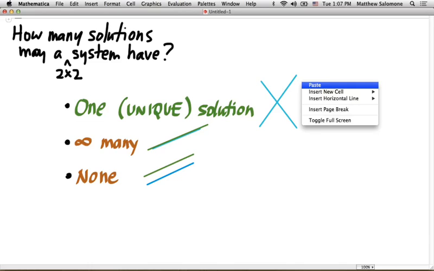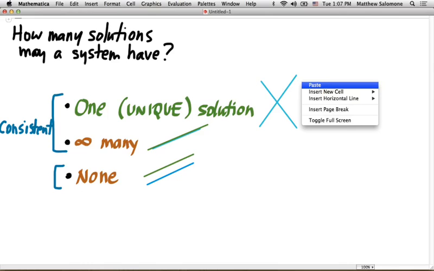But as we'll see this semester, it turns out that this is true not just for 2x2 systems, but for all linear systems. They are either going to have one solution, infinitely many solutions, or no solutions. And just to break out the terminology one more time, these 2 cases, one solution and infinitely many solutions, those are the consistent cases.